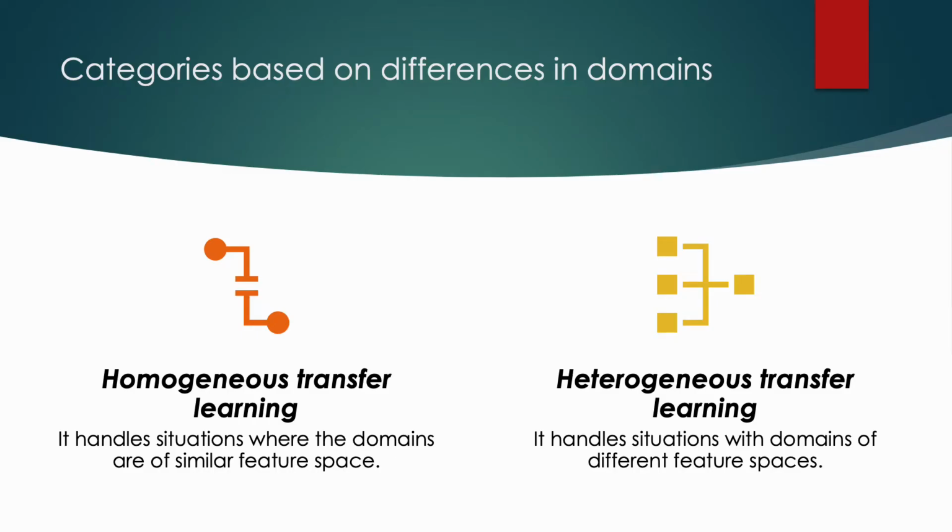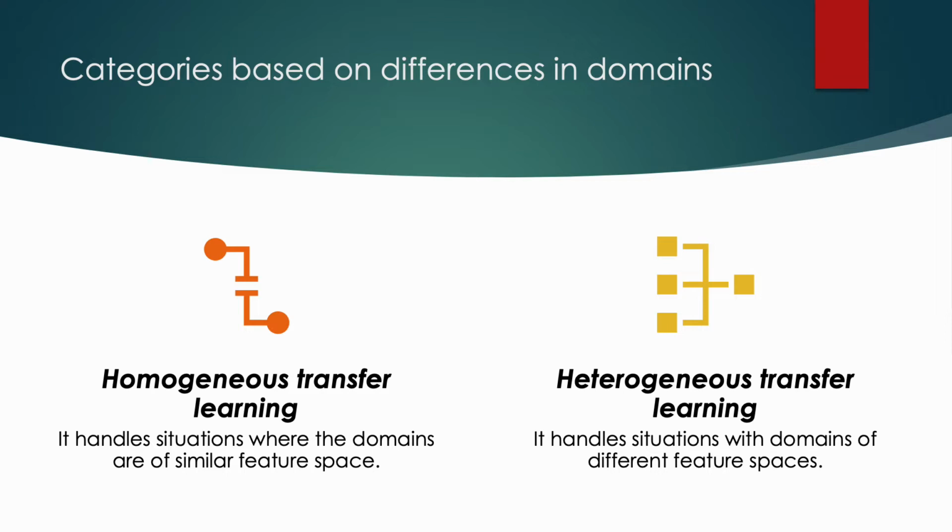There are two main categories based on differences in domain: homogeneous transfer learning and heterogeneous transfer learning. Homogeneous transfer learning handles situations where domains have a similar feature space and there is only a small marginal difference between the domains. These differences can be rectified by correcting the covariate shift or sampling selection bias.